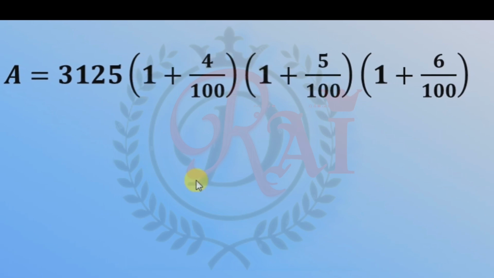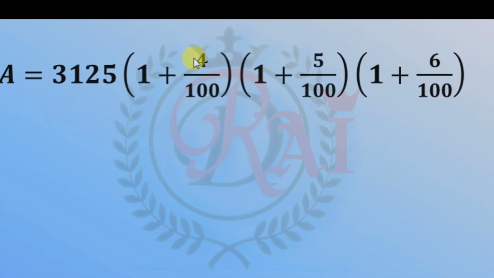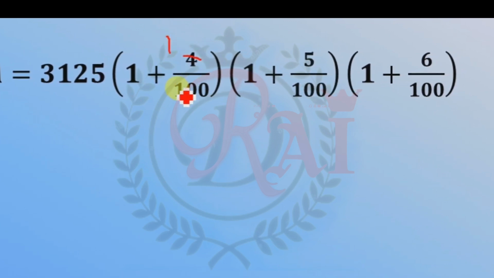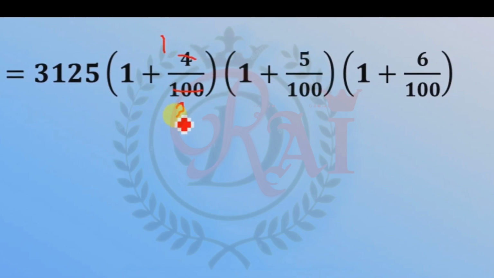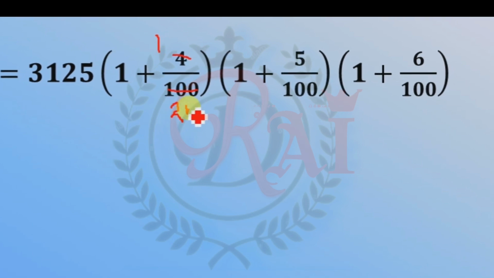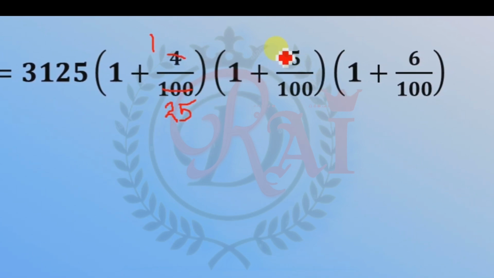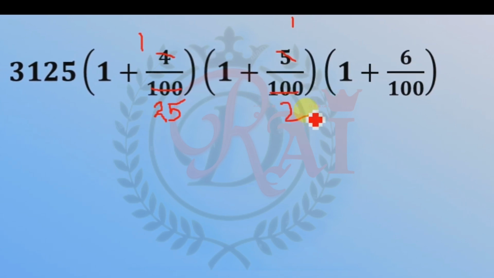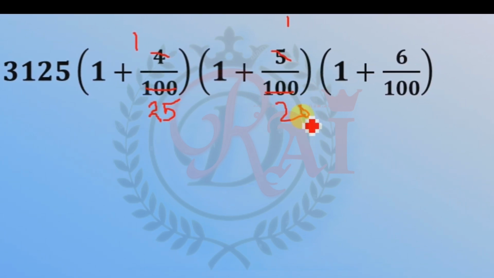So here now cancellation: 4 1s are 4, 4 2s are 8, 9, 10, 4 5s are 20, 5 1s are 5, 5 2s are 10.